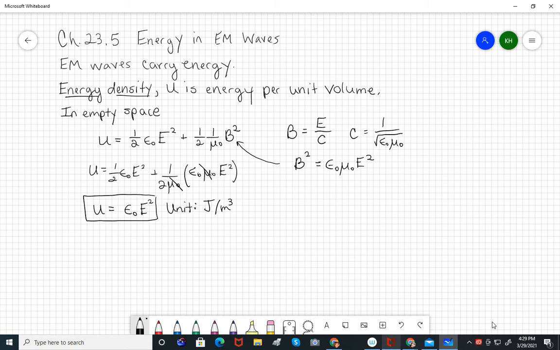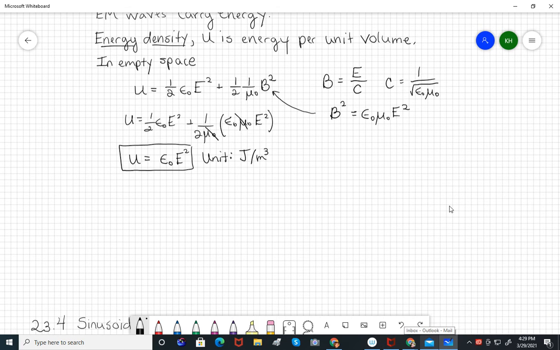Okay. Another quantity related to this idea of energy, though it's not energy, is intensity, which is sometimes expressed with an I and sometimes with an S. So I'm going to put both.